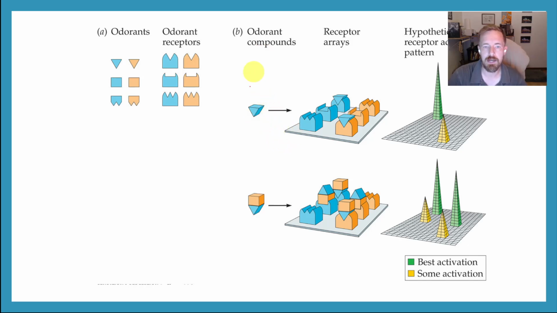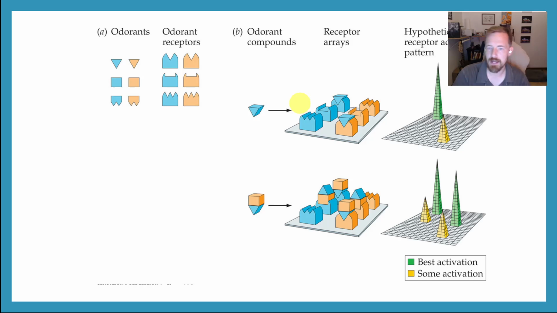So what you're looking at right here, we got odorants. We have the odorant receptors. These are extremely simplified cases, but you can see how you can mix and match these, and that some of these are going to fit more easily into some of these than others.